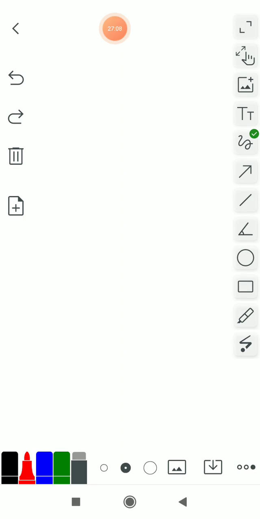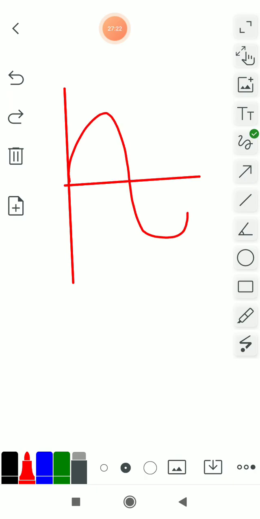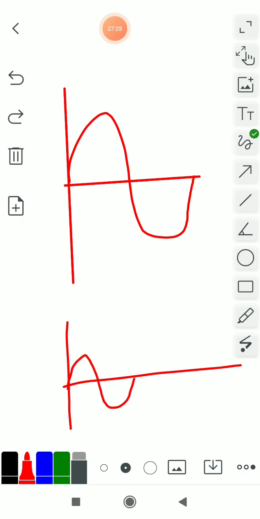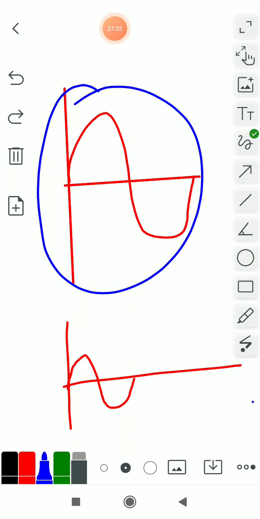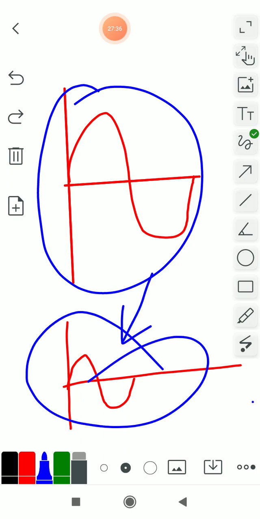Suppose two of you are talking and one's amplitude is like this. Let me draw properly. This is the amplitude of one person and this is the amplitude of the other. Now obviously this person has more loudness in comparison to this one.